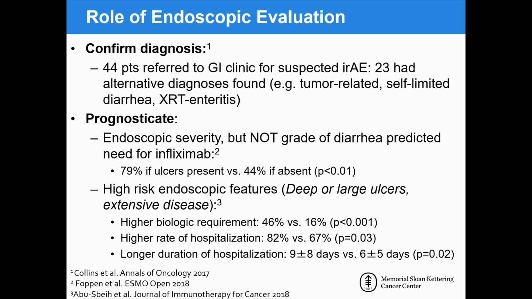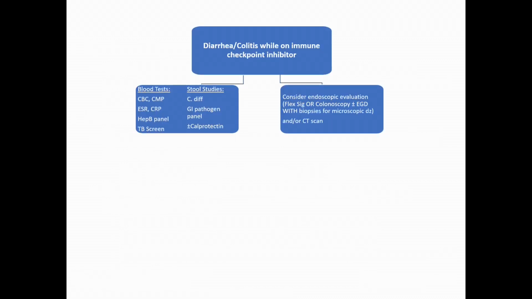Similarly, in another study, there was a much higher biologic requirement if there were extensive or severe features at the time of endoscopy. Patients needed more and longer hospitalizations. So we can assess very early on for the presence of these severe features and maybe guide therapy, rather than waiting for patients to fail when we know that 80% of them are going to fail steroids alone, if we get that assessment early on.